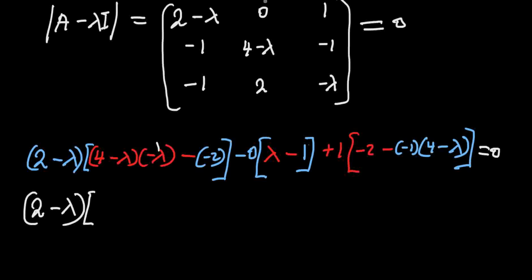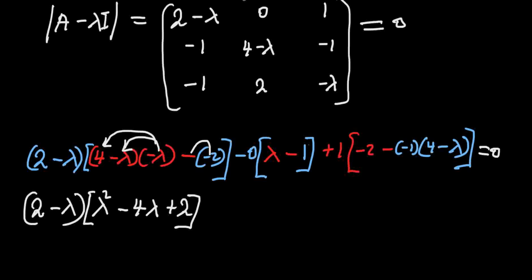So negative lambda times negative lambda will give us positive lambda squared, and negative lambda times 4 will give us negative 4 lambda, and also this negative times negative 2 will give us positive 2.